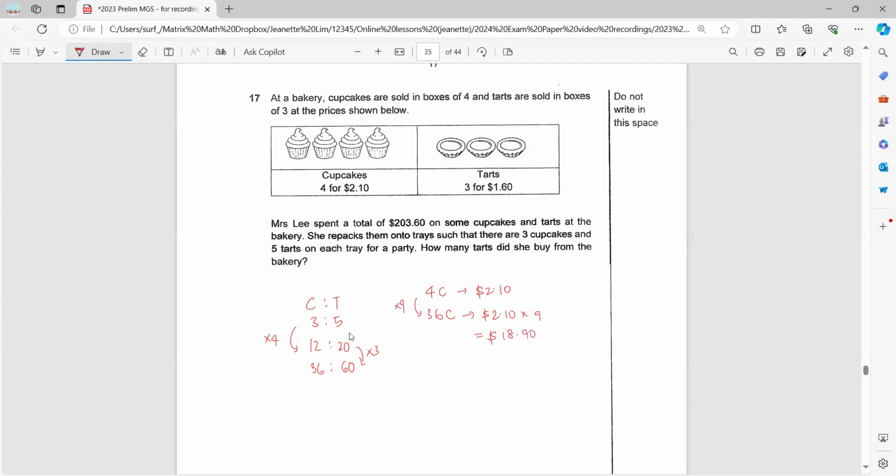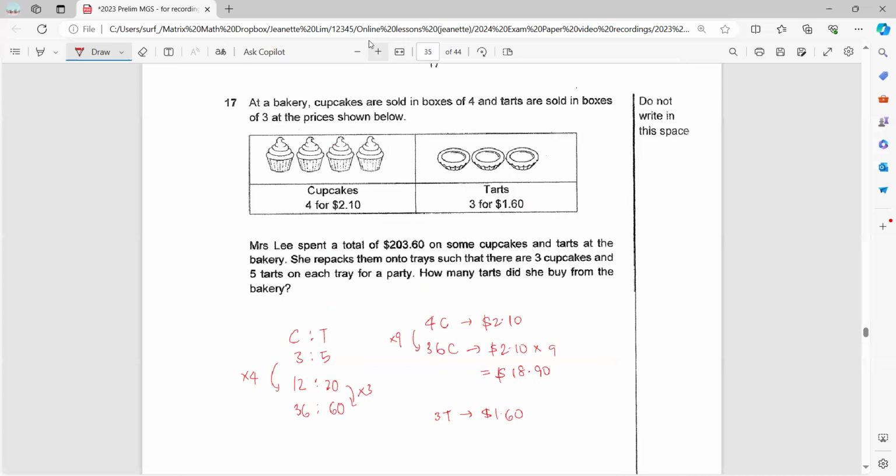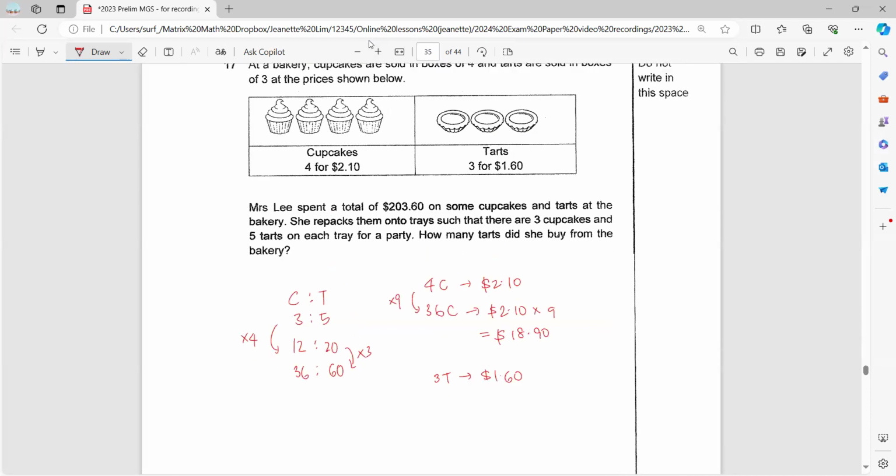Then for the tarts, 3 tarts cost 160. 60 tarts will be 20 times, which is $32.